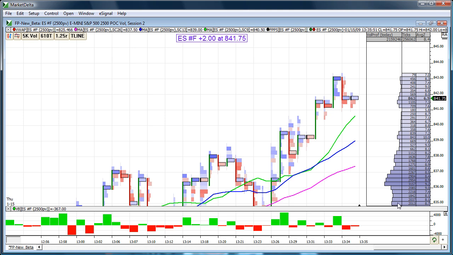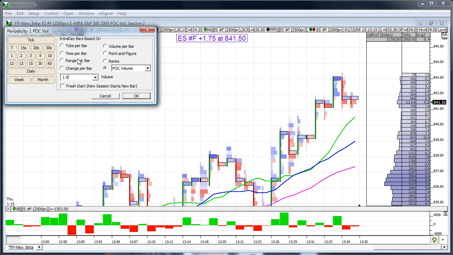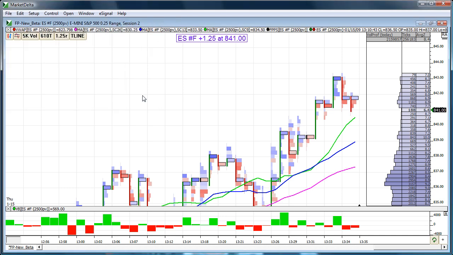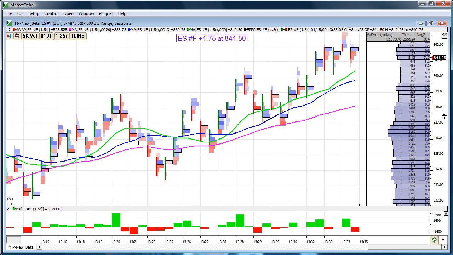I'm going to go ahead and change the time frame to a range chart just to show you a different periodicity. This is 1.5 range. And one of the other useful things on the footprints, and this is available in any of the footprint styles, is you notice this black outline price. That's the high volume price.